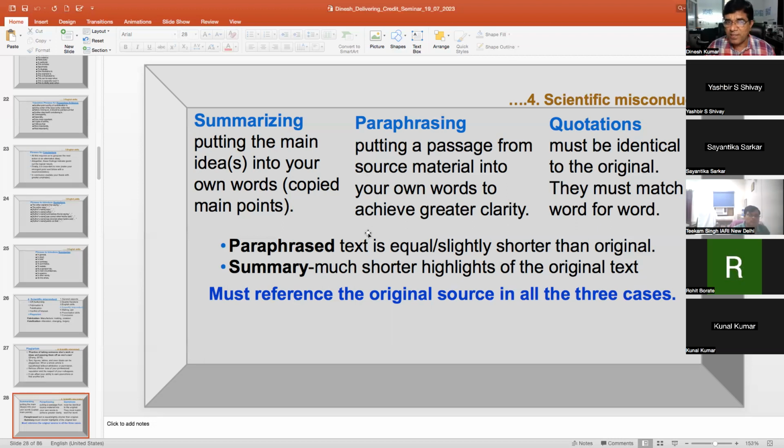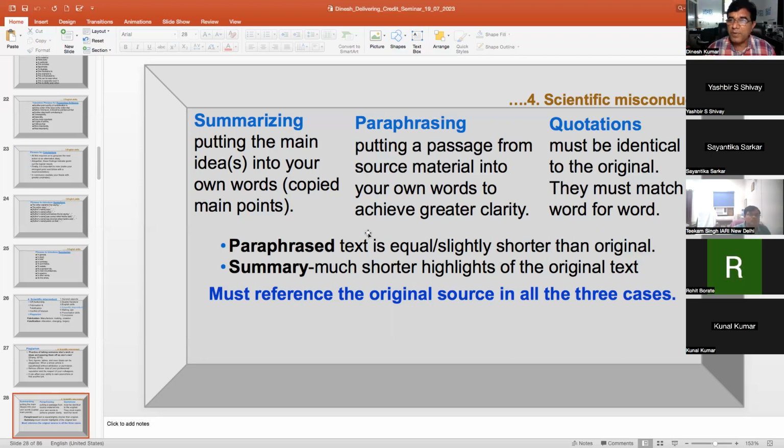I can paraphrase it, I can summarize it, I can write the information in words. Instead of 20 by 10 in numerals, I can write in words twenty multiplied by ten. And then I will not give reference. That is also wrong. So this summarizing or paraphrasing is not permitted.